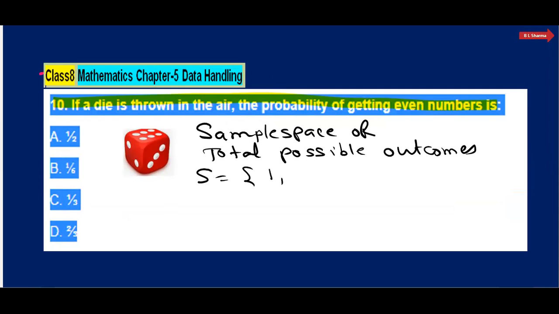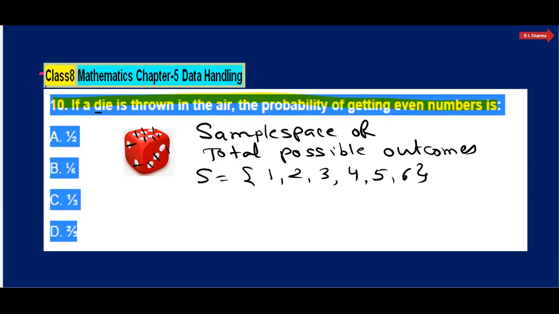That is 1 can be there, 2 can be there, 3 can be there, 4 can be there, 5 can be there, and 6 can be there. There are 6 faces in a die.